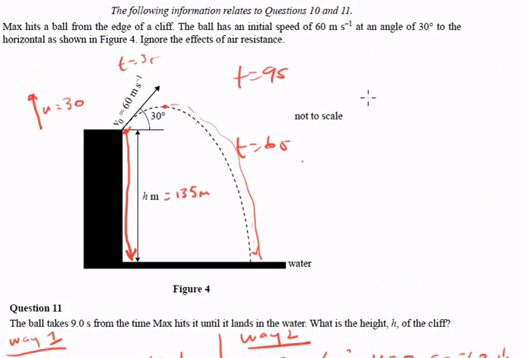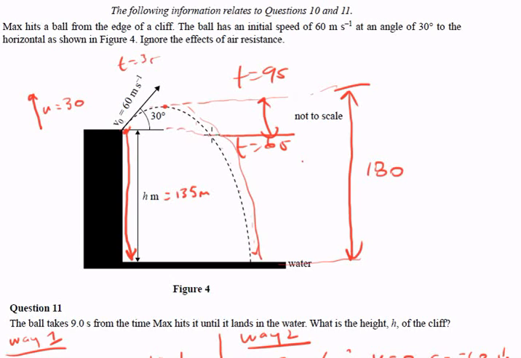So that means from the top to the bottom is 180 meters. But we've already worked out in the last question that the distance from the top of the cliff to the top of the ball's path is 45 meters.